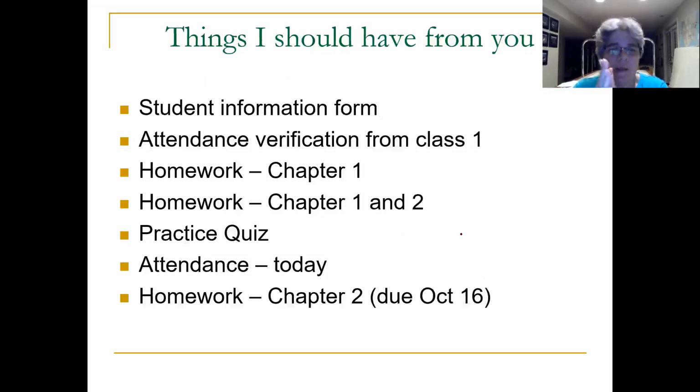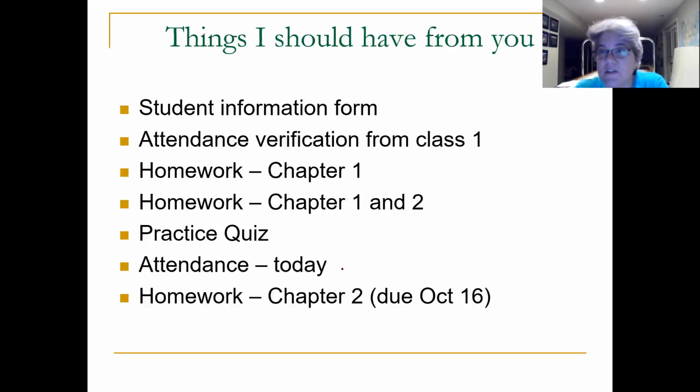Okay, so at this point, you should have given me the following information. I should have your student information form. You should have sent me some verification that you attended the first lecture, the first week. You should have given me 2 different homework assignments, one for chapter 1 and one for chapter 1 and 2. You should have done the practice quiz. You should have given me your attendance for today if you're listening live.